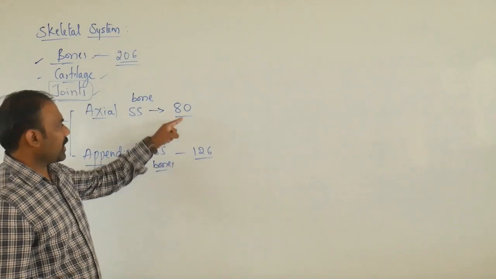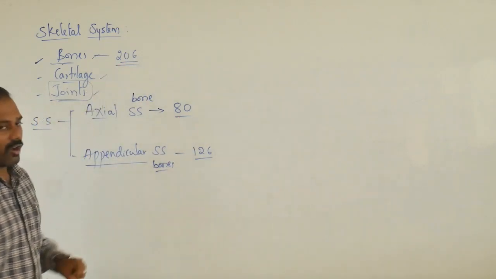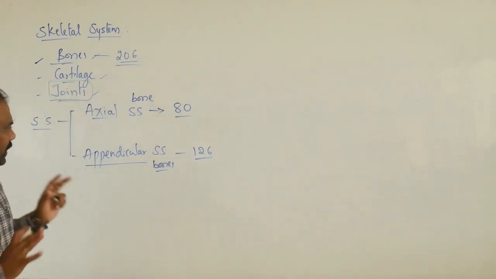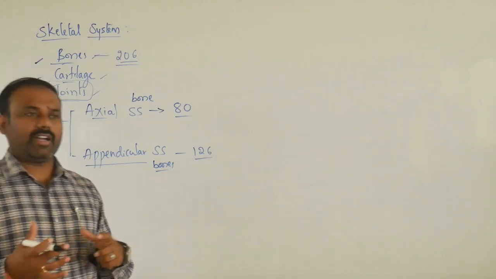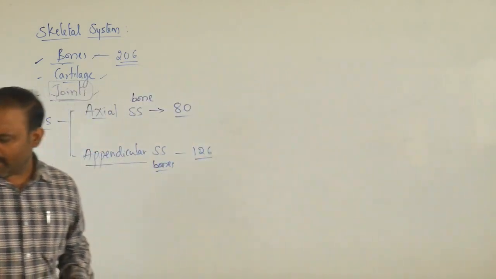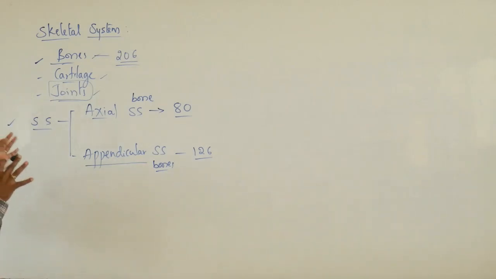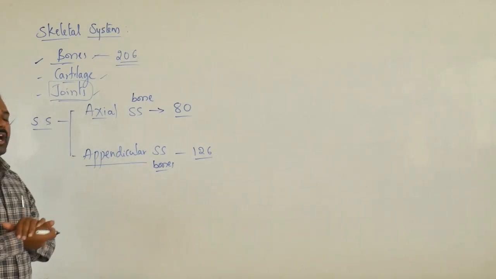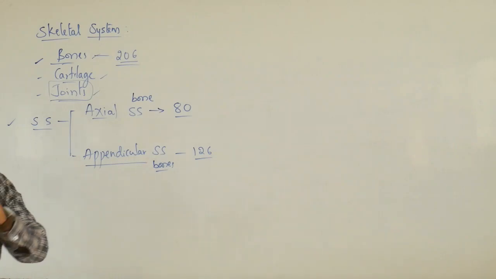So 126 plus 80 makes 206. Clear? This is how we classify the whole human skeletal system. Now we will understand what those axial bones and appendicular bones are, and we'll discuss them one by one.